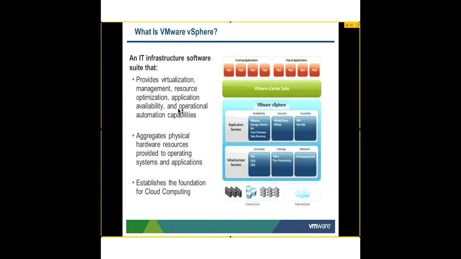For example, if you have 25 servers, and each one of those servers has 2 physical processors, you don't think of that as 25 different machines. You think of that as 50 processors that you can allocate to whatever applications you're running in your environment. That's the kind of capability that vSphere gives you. It also is the foundation for cloud computing, okay?